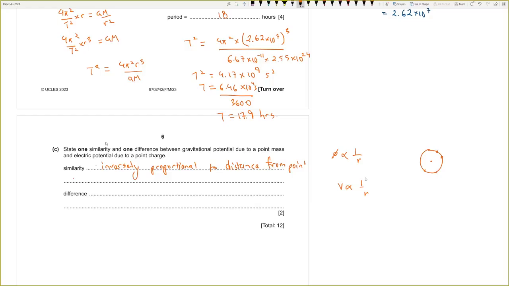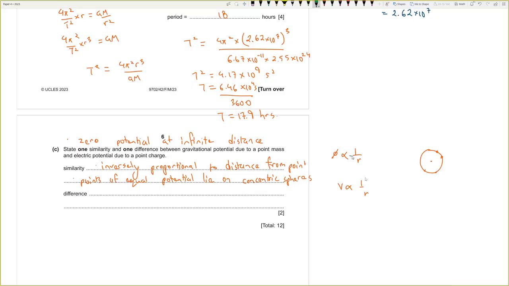And the third option is that there is zero potential at infinite distance.